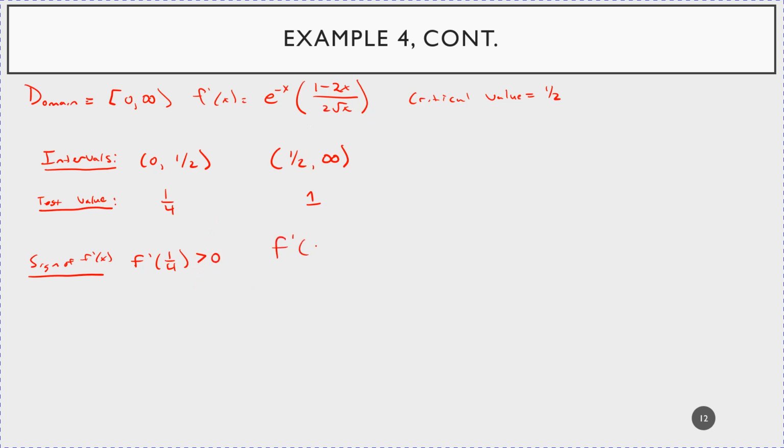Now look, f prime of 1. Again, when you plug 1 in here, it's positive. Plug 1 in here, it's positive. So 1 minus 2 times 1, that's negative. So our conclusion here is this function is increasing here, and it's decreasing here.